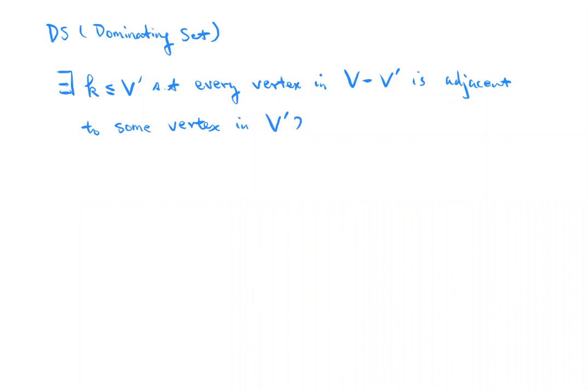So it's more general than one-sided domination. In one-sided, we only use vertices on one side. But in the general dominating set, it's not a bipartite graph. It's a general graph.